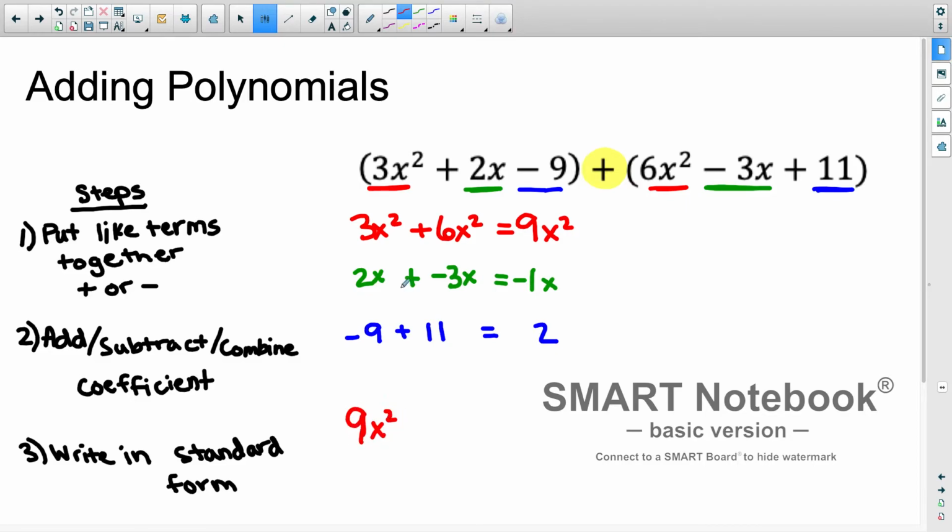And then after x squared, it comes that x. So we have a negative 1x. I always like to put in a plus, but you could do a minus 1x or a plus negative. And then remember, if it's just a 1x, we can just write that as x. And then we have that 2, so plus 2. And that's our final answer.